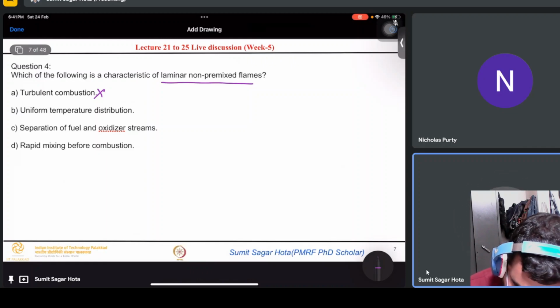Rapid mixing before combustion means it's a premixed flame. Uniform temperature distribution may be a case in a laminar non-premixed flame, but not always. So the separation of fuel and oxygen is the only option.